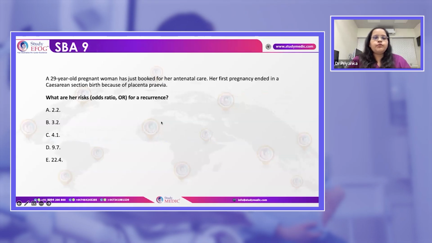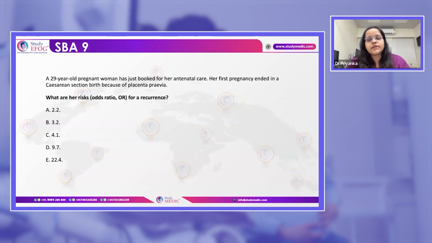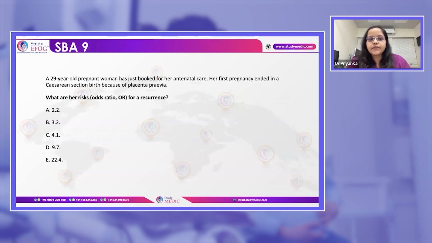Now, a 29-year-old woman who has just booked for her antenatal care. Her first pregnancy ended in cesarean section because of placenta previa. So what is her odds ratio for a recurrence after one cesarean section?